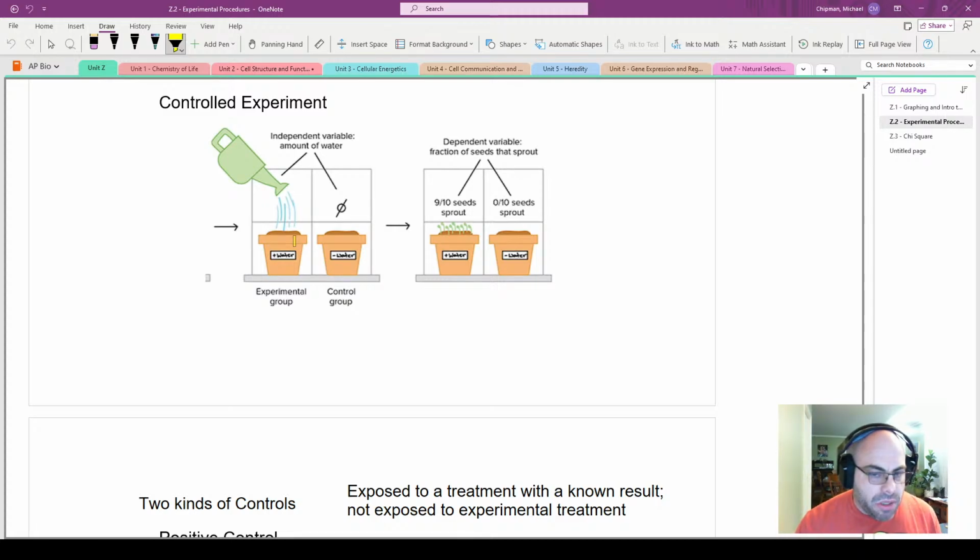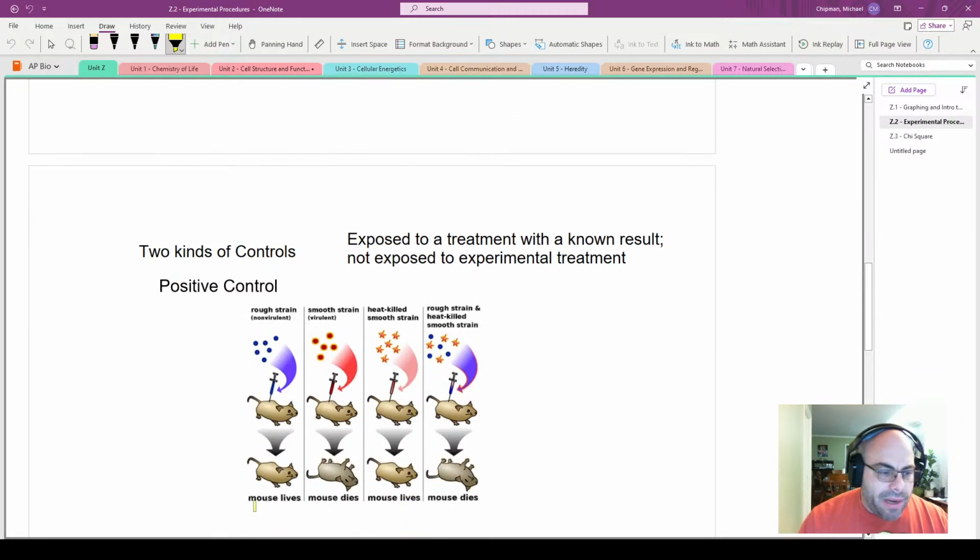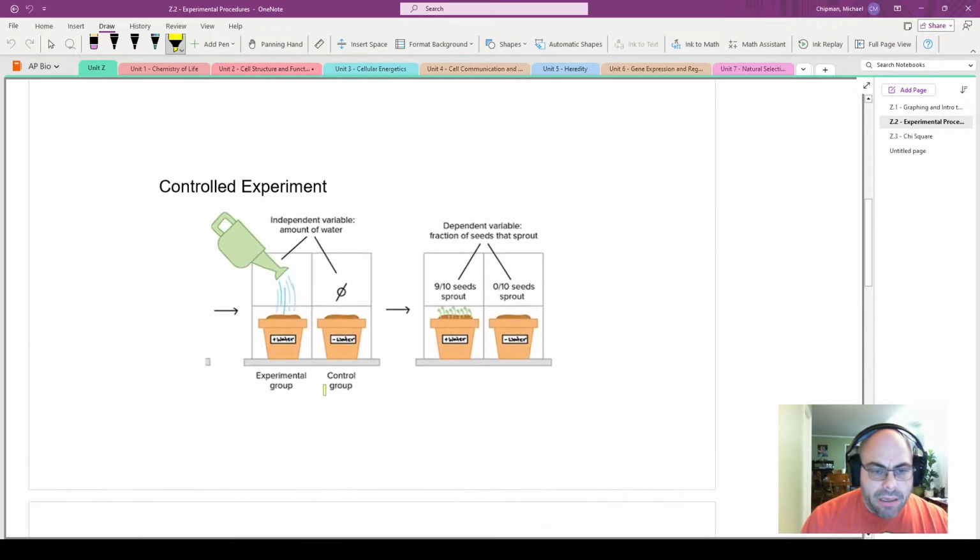Like you've probably been taught control group your whole life in science to some level, and that control that you've normally been taught is a negative control. The positive control is the new idea, really, for AP Bio students, and then adding negative to what we would call the normal control in this case is what causes it to be a little confusing.